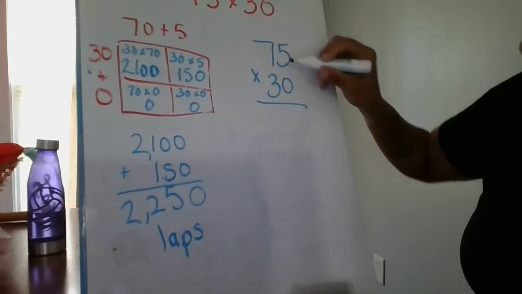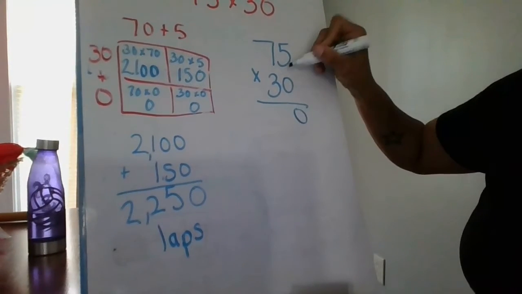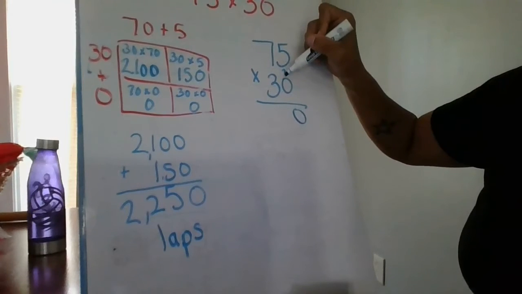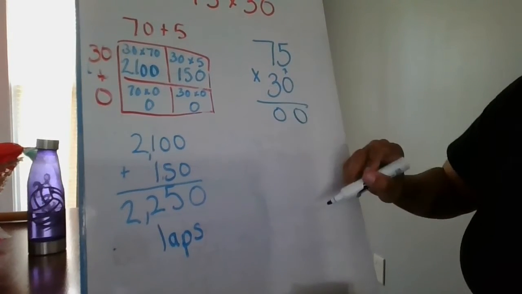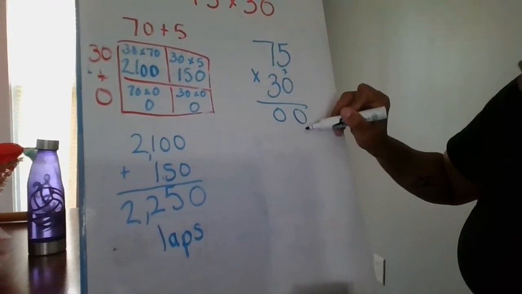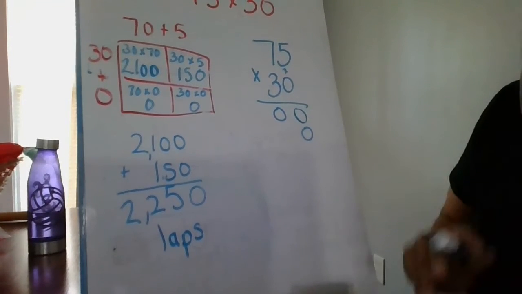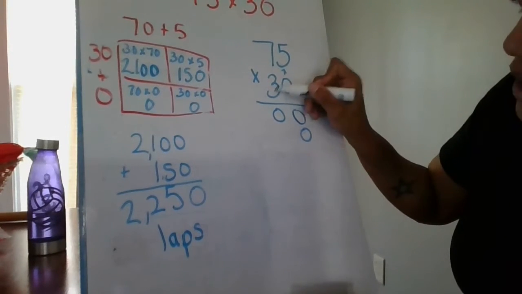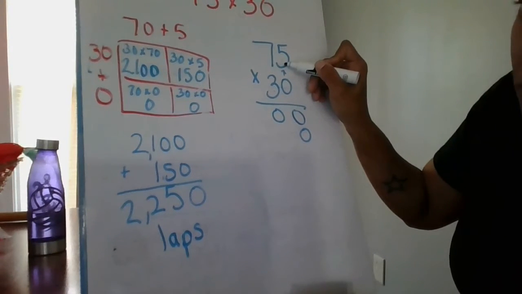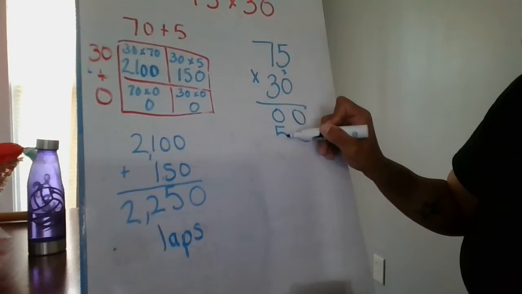0 times 5 is 0. I go this way. Then I multiply this way. 0 times 7 is 0. Now, I'm going to drop a 0 here as a placeholder before I start multiplying my next number. 3 times 5 is where I come next. That's 15.